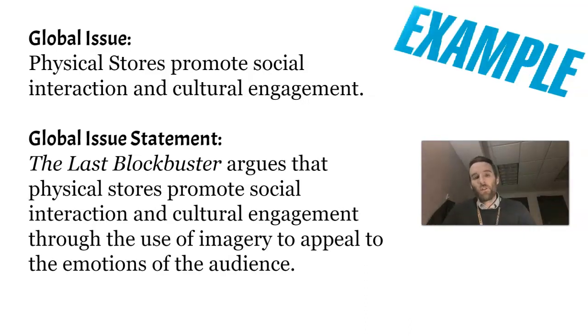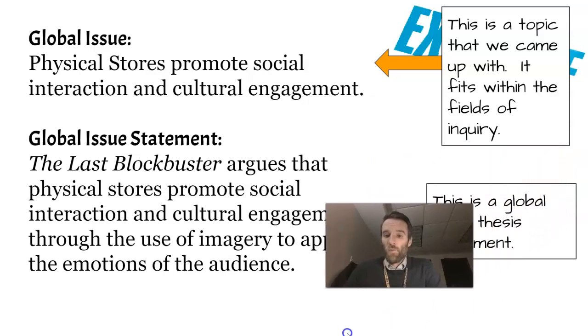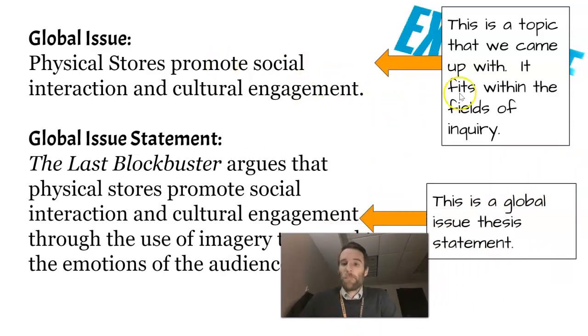If I created a global issue statement from the global issue I identified from The Last Blockbuster, it might look like this: The Last Blockbuster argues that physical stores promote social interaction and cultural engagement through the use of imagery to appeal to the emotions of the audience. So you can see we have our global issue that fits with our field of inquiry.